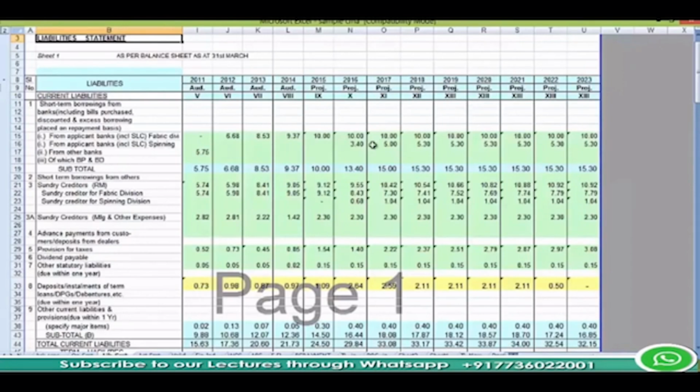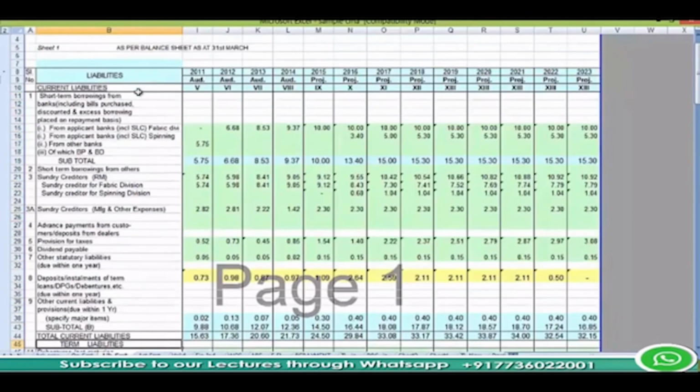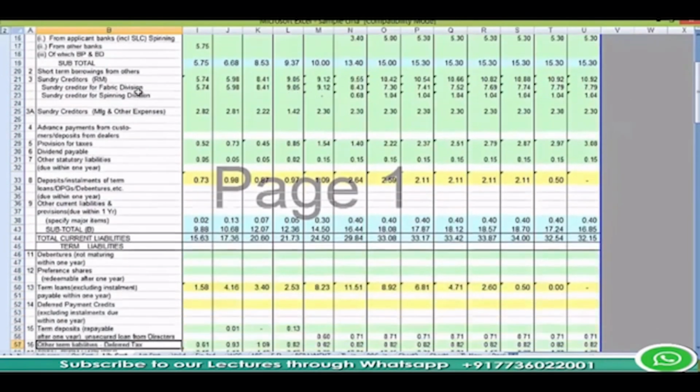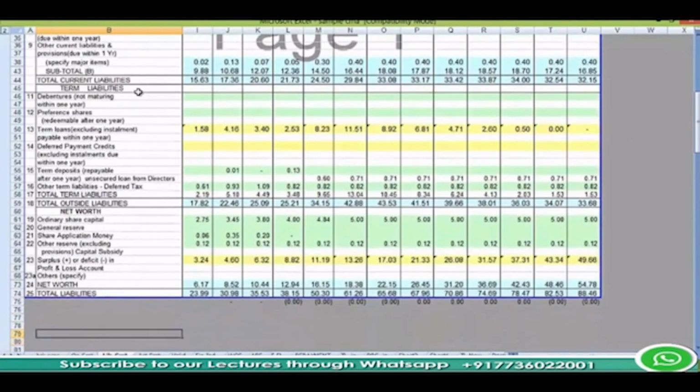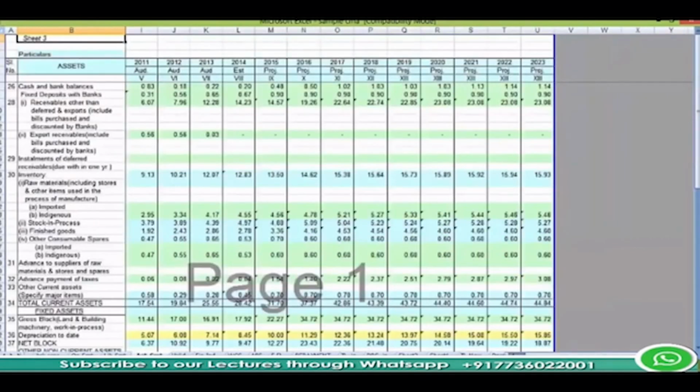So the liability statement will classify the liabilities into current liabilities, then all current liabilities will be listed, then term liabilities, that is those liabilities which are payable after 1 year, then it will break the other portion into net worth. This is nothing but the owner's contribution, which is in the form of capital, in the form of reserves, etc. So total liabilities will be captured in this statement.